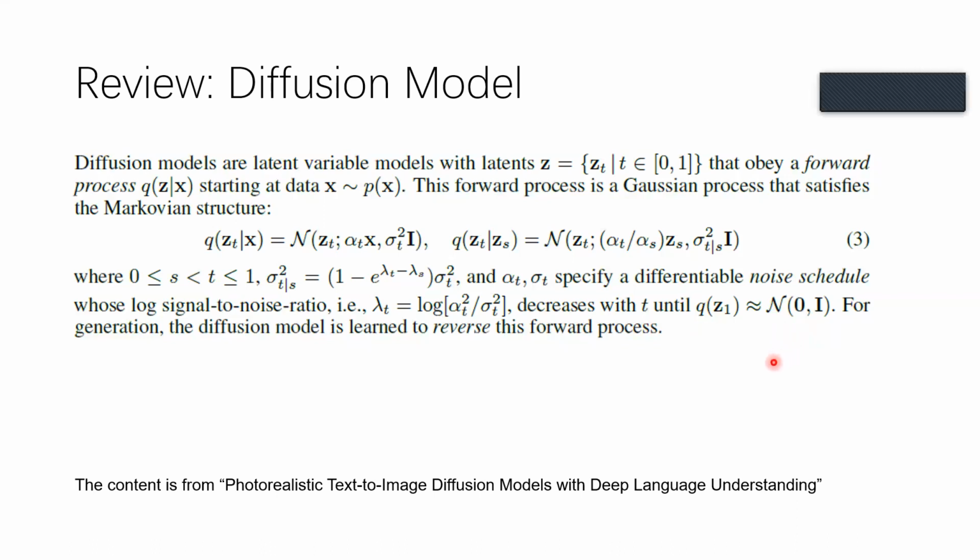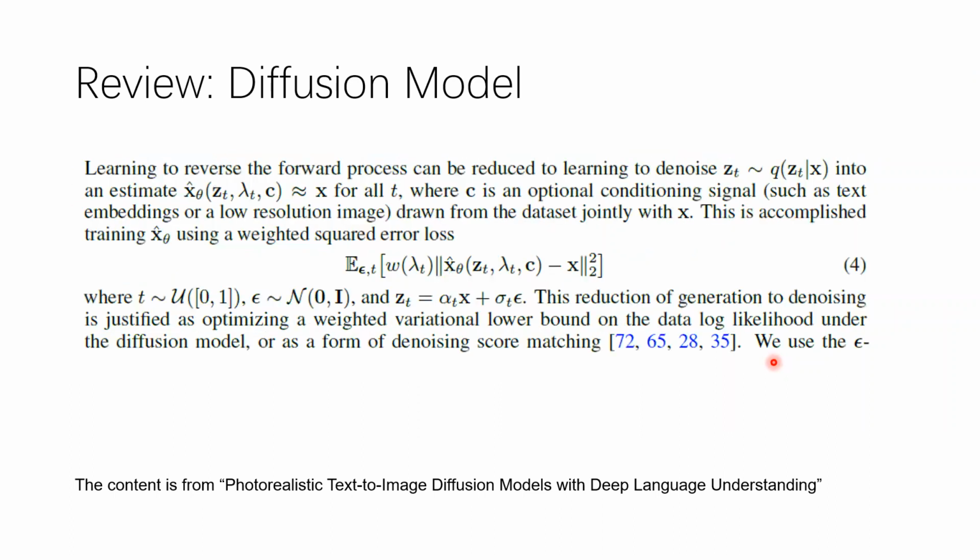That's the forward process of the diffusion model. And the diffusion model is trying to learn to reverse the forward process, and the goal can be reduced to learning to denoise this noised input into an estimated x hat approximately equal to the original input. So the loss function can be seen here.